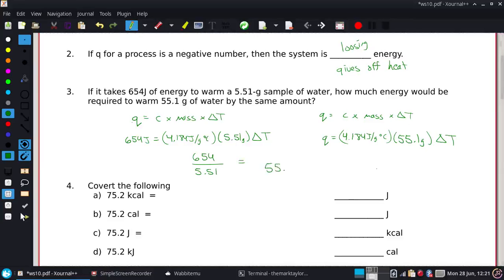And if you notice that the mass just goes up by an order of 10, the temperature would have to go up by an order of 10 as well. So whether you solve for the temperature and then plug it in here and solve this equation, or if you look at the logic here going off, you'll find that the Q is 6,540 joules.